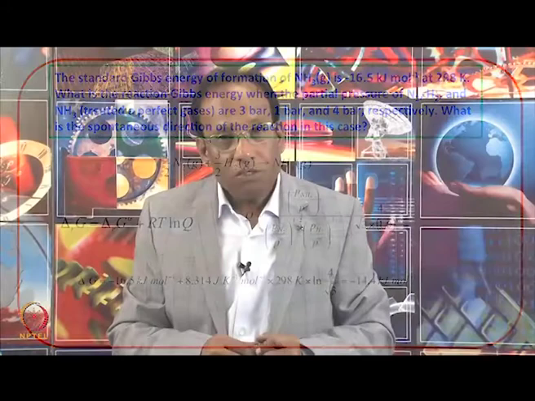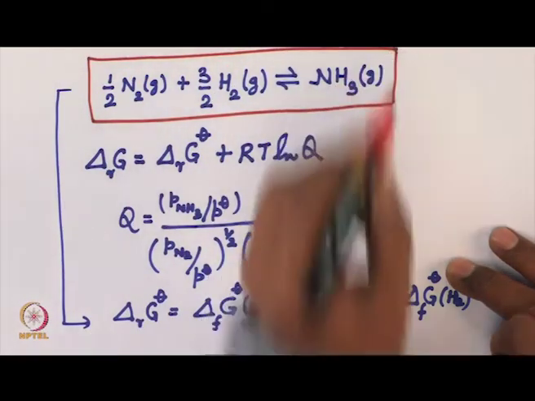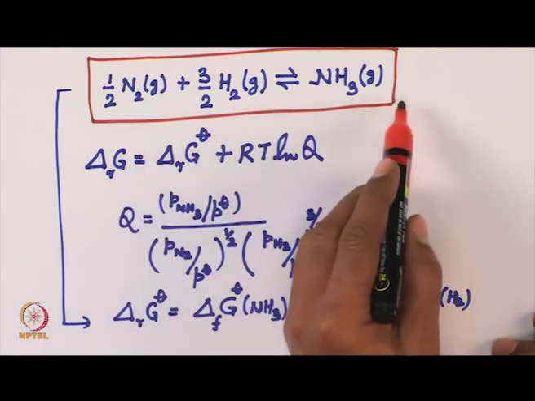See, the reaction Gibbs energy is turning out to be negative. Reaction Gibbs energy is actually the slope of Gibbs energy against the extent of reaction. And if the slope is negative, that means the reaction in the forward direction is spontaneous. So, since we are talking about this particular reaction, under the given conditions the reaction will move towards the right-hand side.